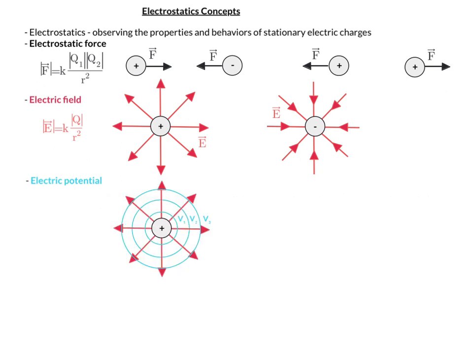Now in physics, we're looking at the positive charge with the electric field lines, and the strength of these electric field lines, the ability, the potential of this charge to do work on another charge, to bring it in from somewhere farther away or to push it away from somewhere close here, is given by this electric potential.